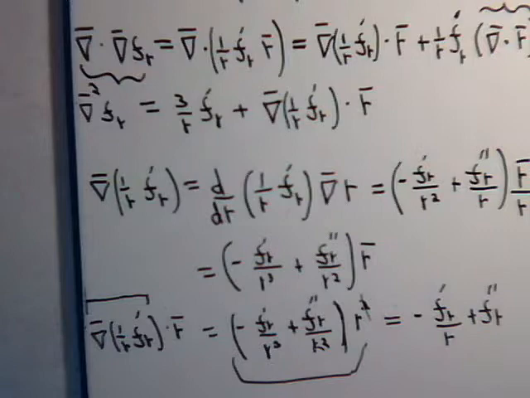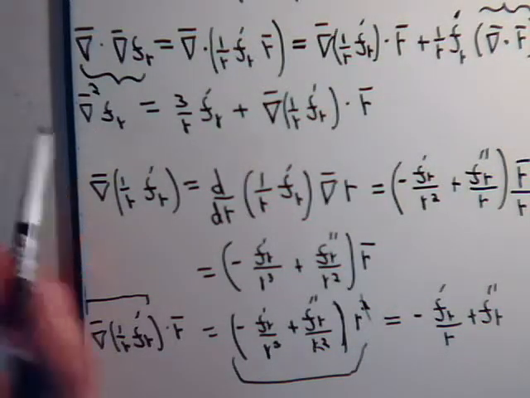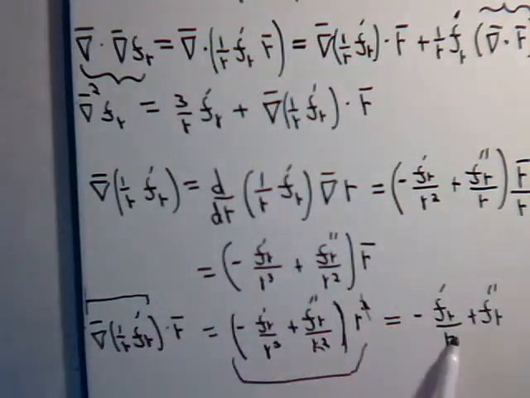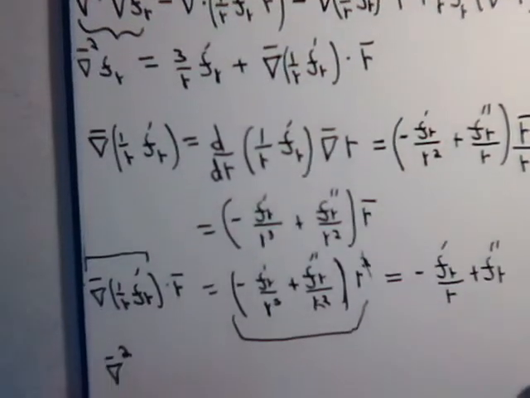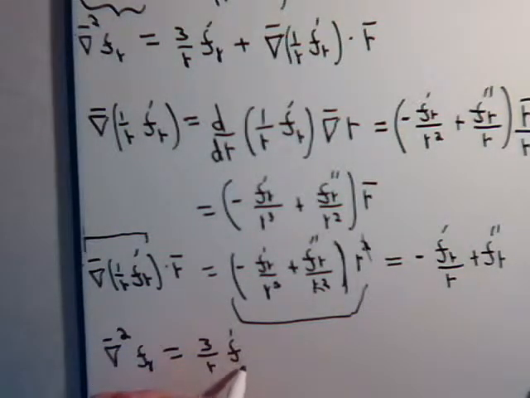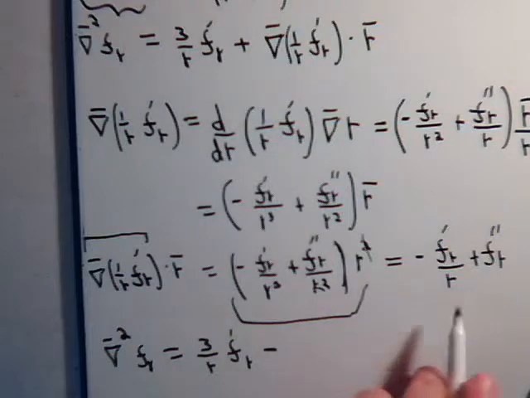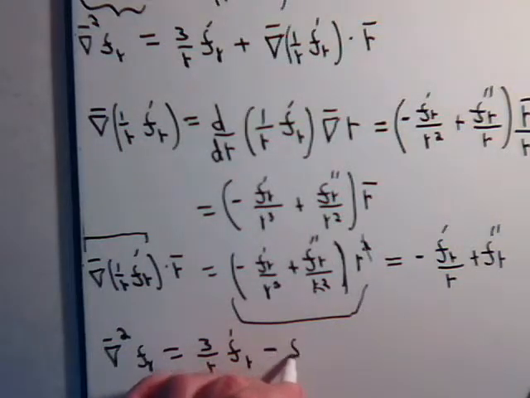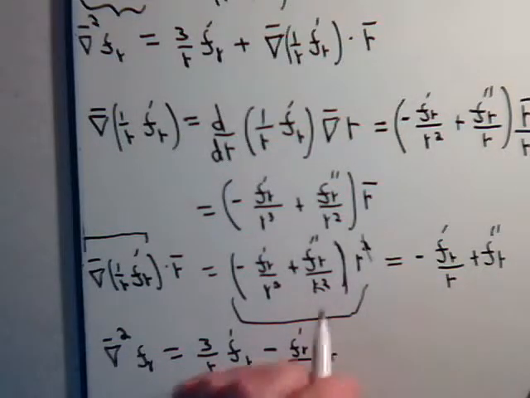Okay, so if we go back now up to here, we've determined what this is. That's this, and we also have this term. So we have now del squared of f of r equals this term, 3 over r times f prime of r, minus this term, f prime of r divided by r, plus this term.